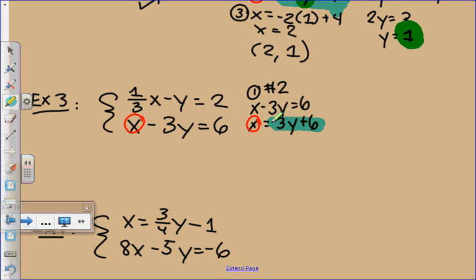Equals all of that. So we got him from number 2, so where are we going to put him in from number 1? Instead of x is right now.